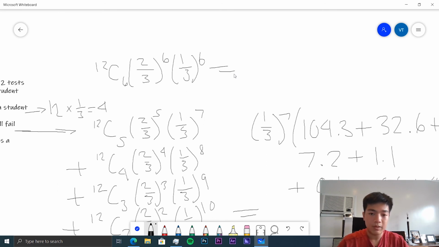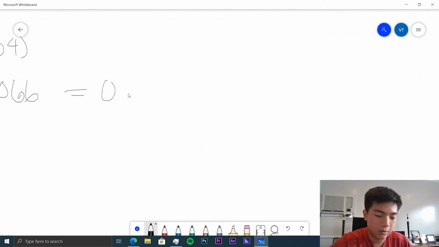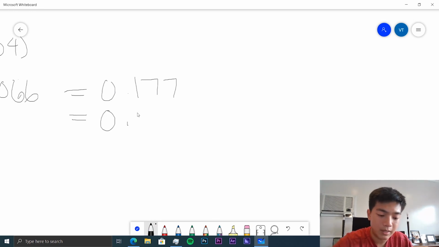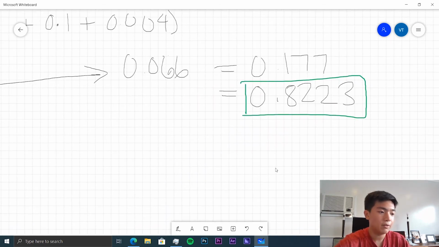And so we end up with a probability of, I mean in total, we add up with a probability of 0.177. And so if we subtract this from 1 to get the probability that they will pass, we get 0.8223 as our answer. So this is the probability that the student would pass more than half the quizzes.